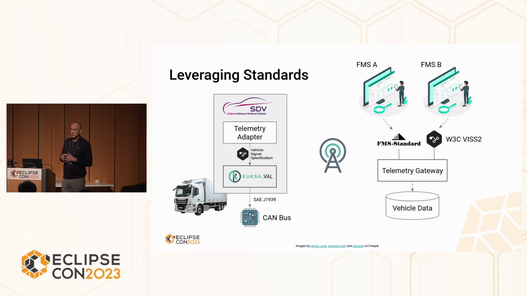And then the fleet management service providers could access that data and retrieve it using standard APIs. And here are two examples of these APIs. On the right-hand side, it's the VISS2 API that has been standardized within the W3C. And the FMS standard is a standard developed by a European consortium of commercial vehicle OEMs. And both define an HTTP-based or even RESTful API to query and retrieve the data that is available in the database.